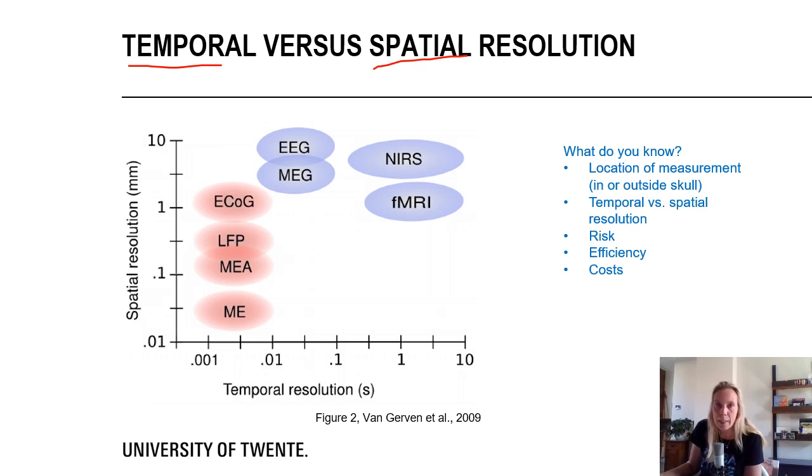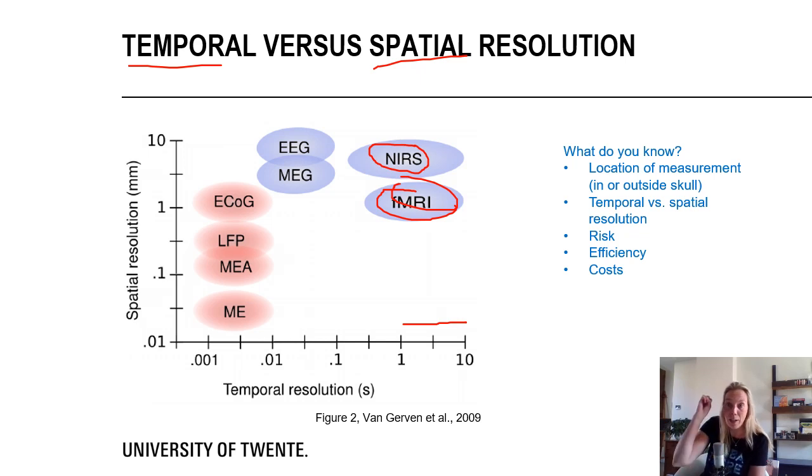And functional magnetic resonance imaging, for example, the one we see here, and fNIRS have a poor spatial resolution, but also quite a poor temporal resolution, because they are measured in terms of seconds. So here you see that it needs 1 to 10 seconds to measure the fMRI.